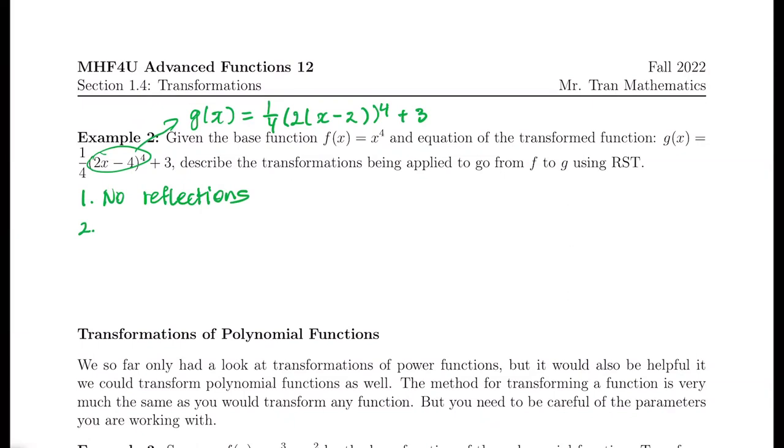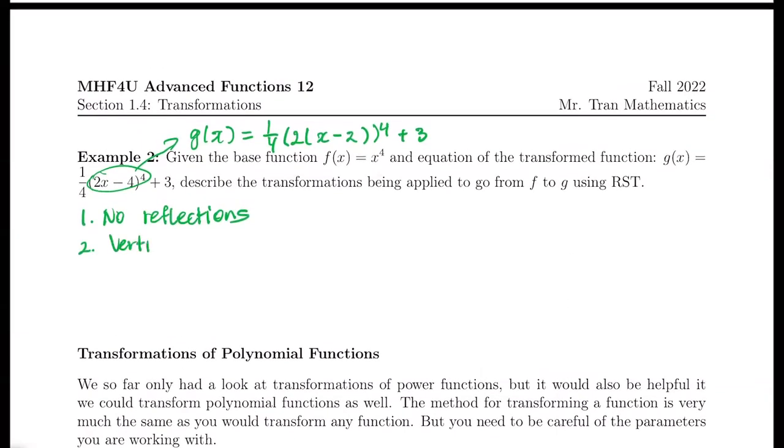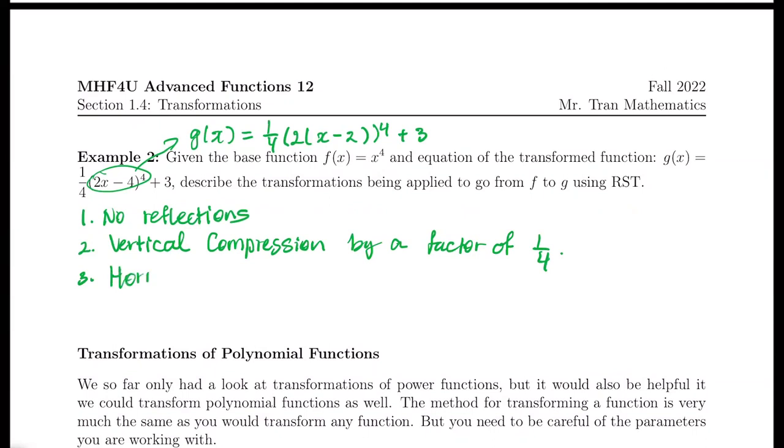So we can see that there's a vertical compression by a factor of 1/4. And similarly, for number 3, we have a horizontal compression by a factor of 1/2.